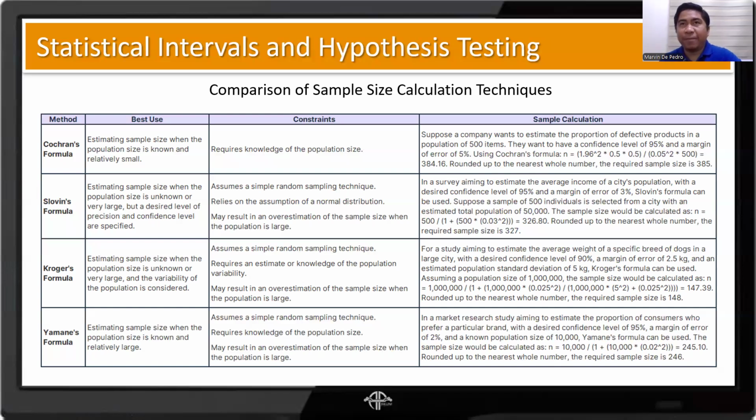But if you have a very high population size, then Levin's formula can be used. However, Levin's formula is not quite practical for engineering research. Normally we have a finite population size only, but of course it depends on the scenario. Other options are Kreuger's formula and Yamane's formula.